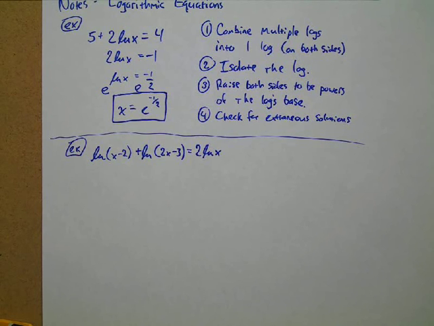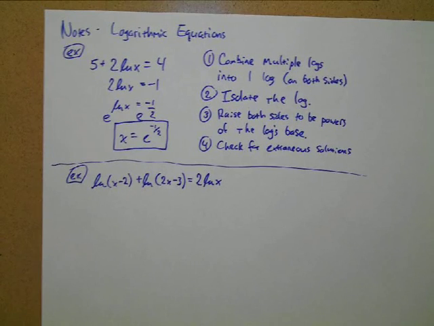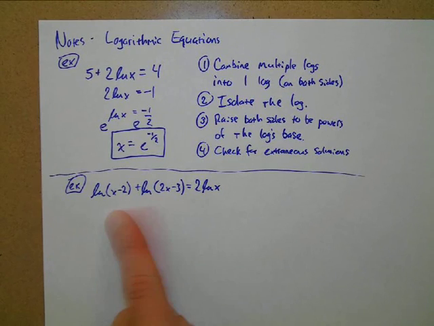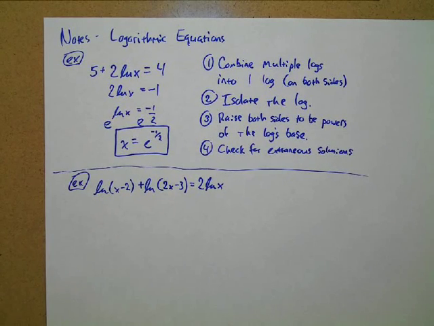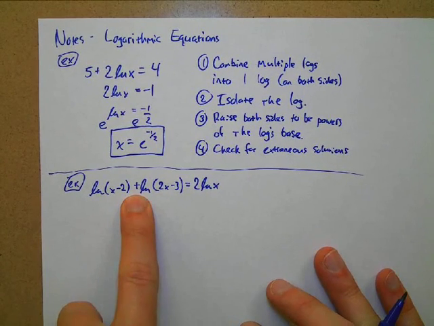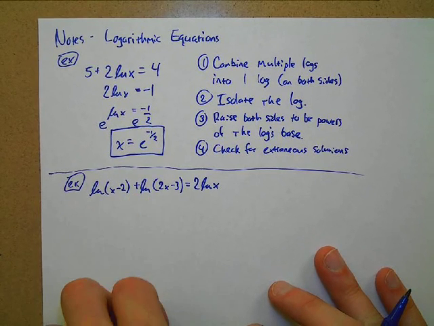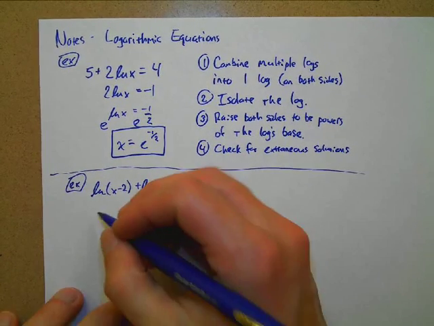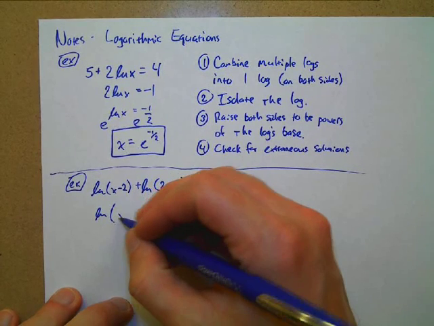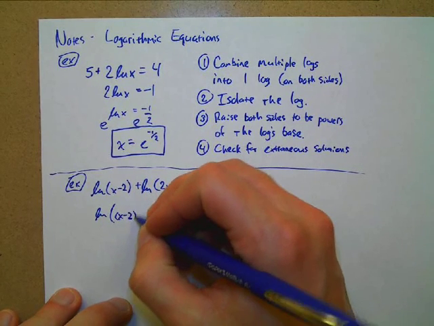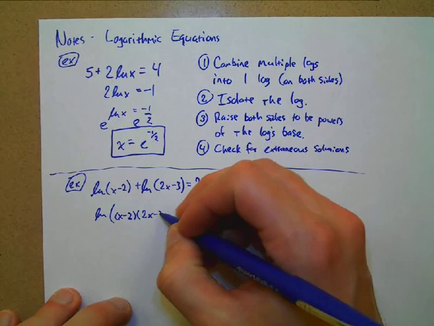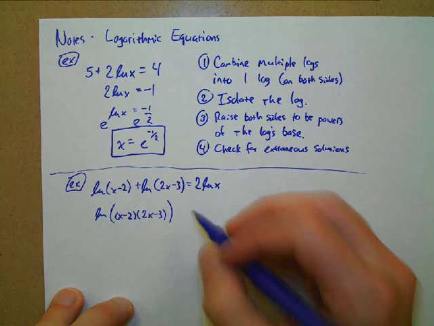We have multiple logs on the left-hand side, so we want to combine those together. Since we have addition between them, what will that result in if we put it in a single logarithm? Multiplication, right? So we're going to end up with natural log of the quantity x minus 2 times 2x minus 3 equals then 2 times the natural log of x.